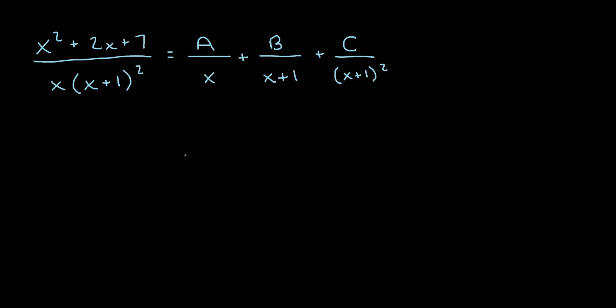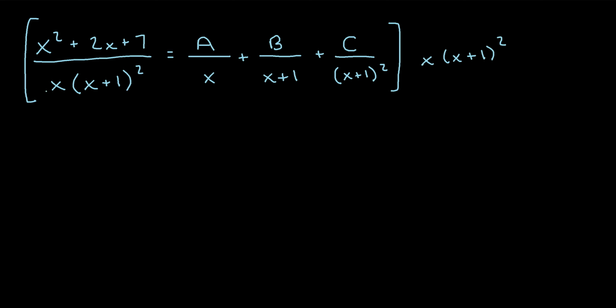So once again, how can we get rid of all of these denominators to make this equation a little easier to work with? Well, we want to multiply the whole thing by the common denominator. The common denominator among all of these denominators would be x times x plus 1 squared.